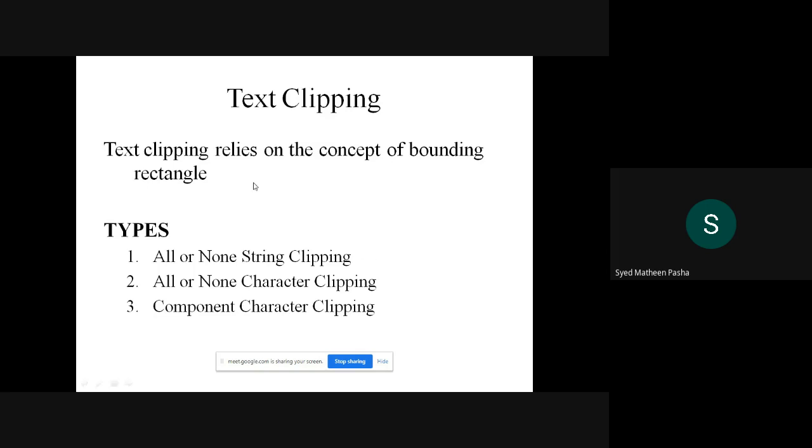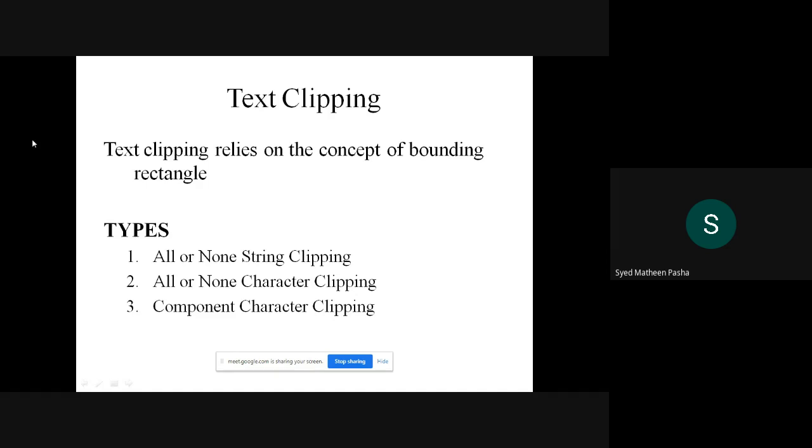Where does this text clipping actually rely? On what will it depend? Text clipping relies on the concept of bounding rectangle. That is nothing but with some boundary of the clipping area. So with respect to some boundary, if you are defining the boundary in the form of a rectangle, it will depend on the boundary, till what boundary you have extended that particular text.